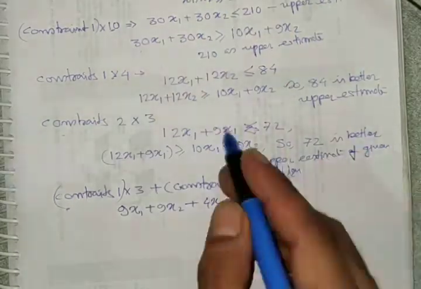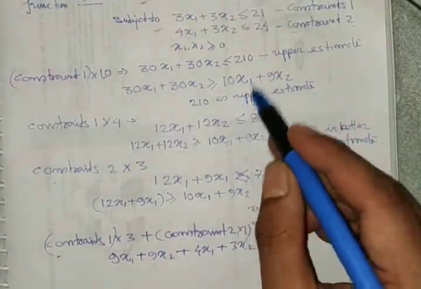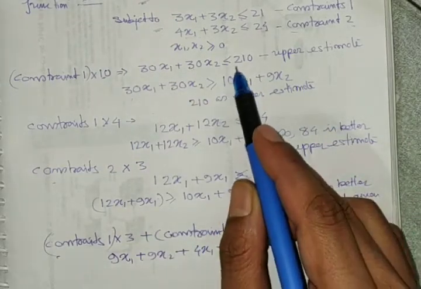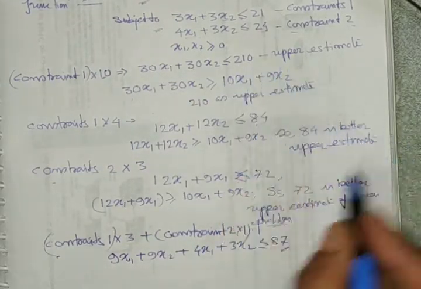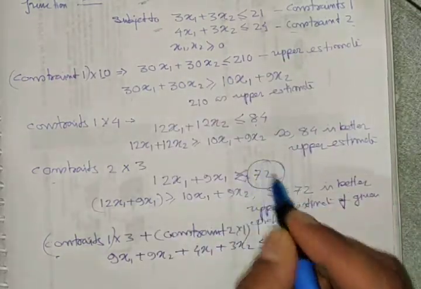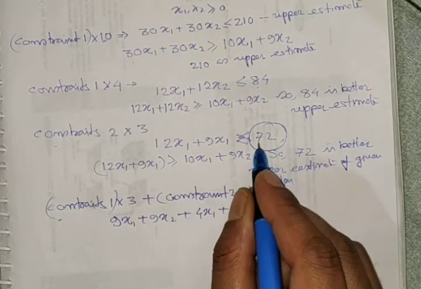So if you compare all the upper limits obtained by considering the multiplications, you will get 210, 84, 72, 87. Out of these four, 72 is the better answer. So we consider that.